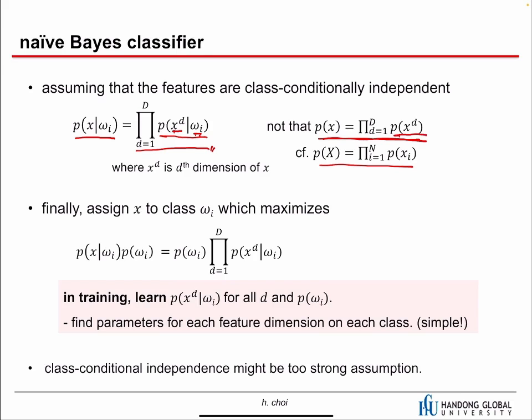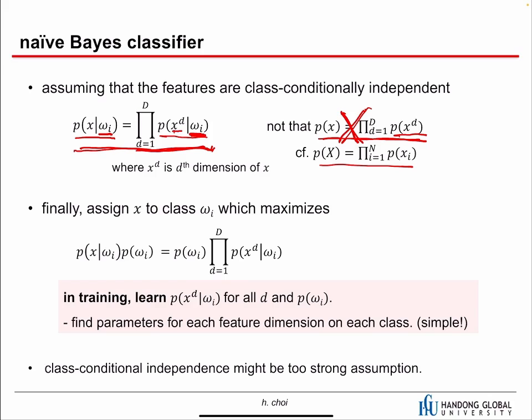Look at this one. We're just talking about the probability of dimension d. Most of the time, this is not independent. But if we put this condition, then sometimes, yes, this might be right. This is not correct all the time. This might be correct sometimes because of these conditions.